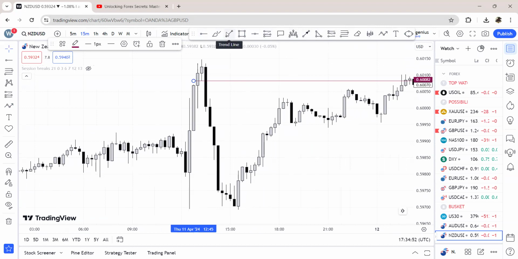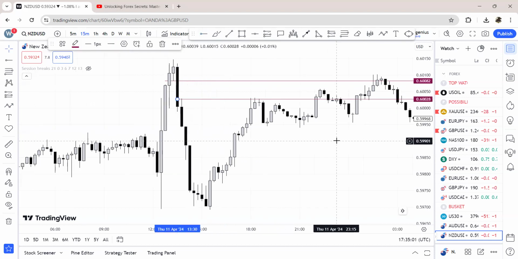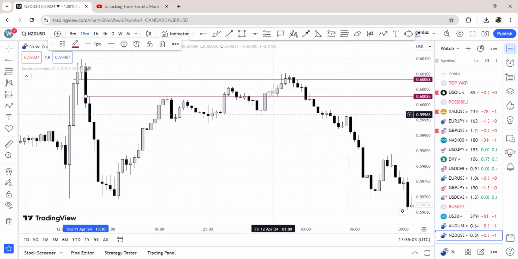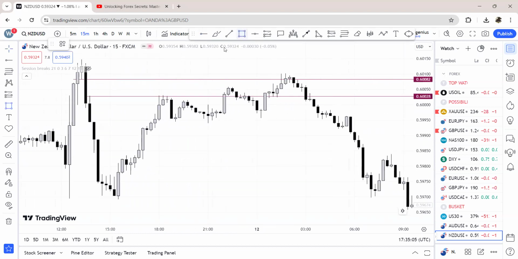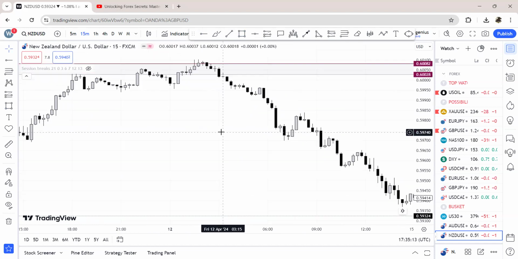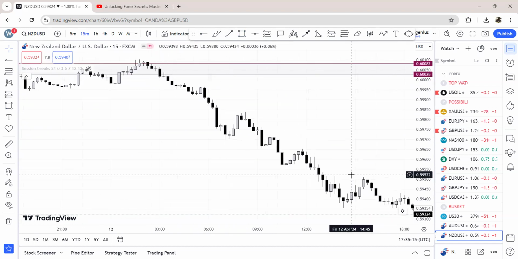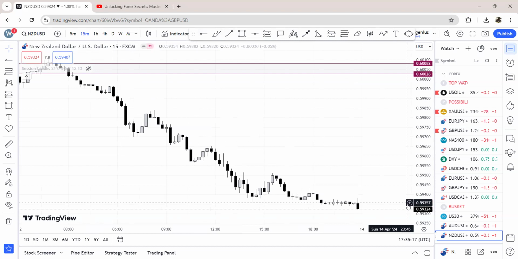Then we want to see what the next candle does. So we see that the market actually went into this level, that fair value gap, before it pushed to the downside.